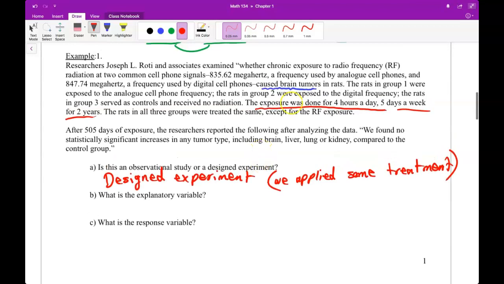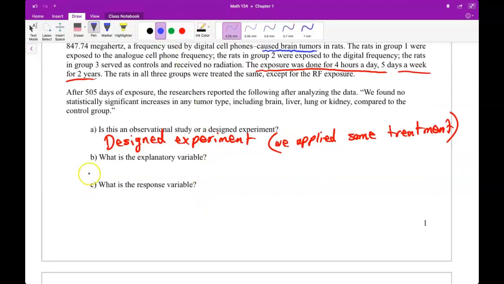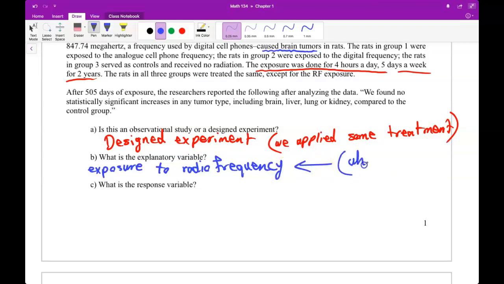What we control is exposure to radio frequency, and this is what we control.